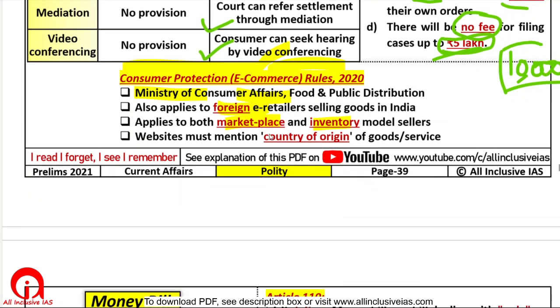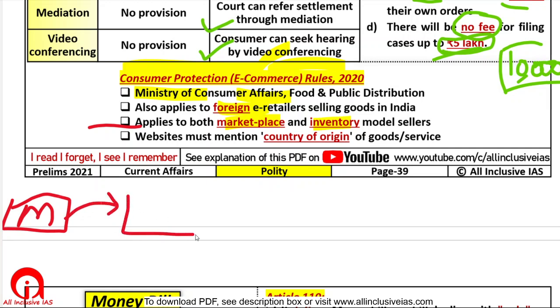What are these inventory and marketplace models? This question can actually come as a standalone question. Suppose this is a manufacturer, a factory. From the factory some goods were supplied to, let us say, Amazon. This is a warehouse of Amazon.